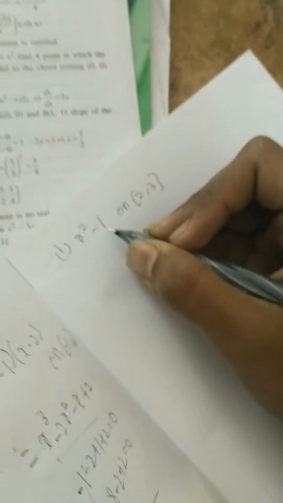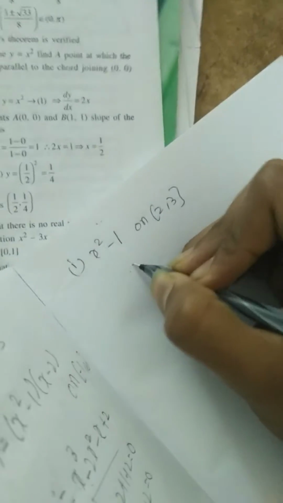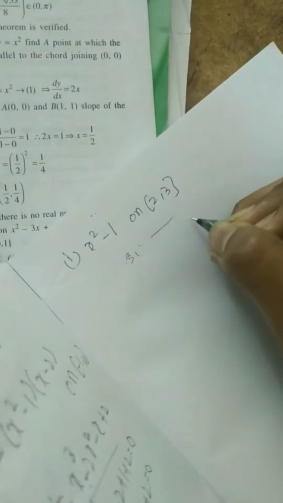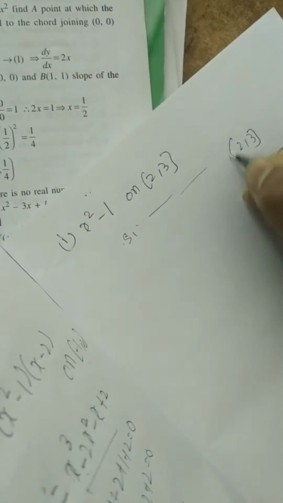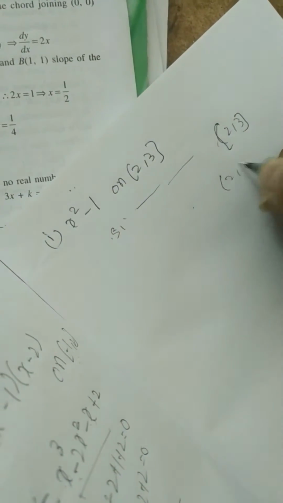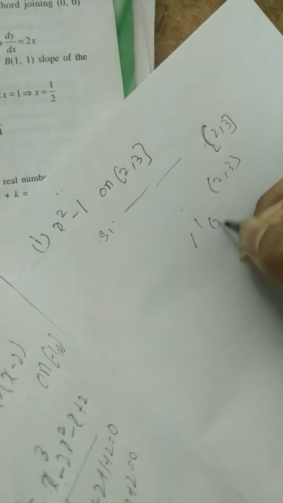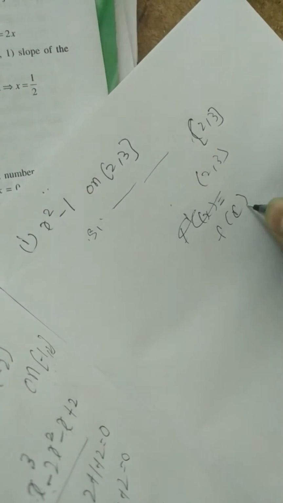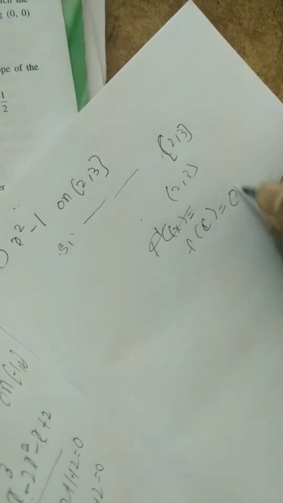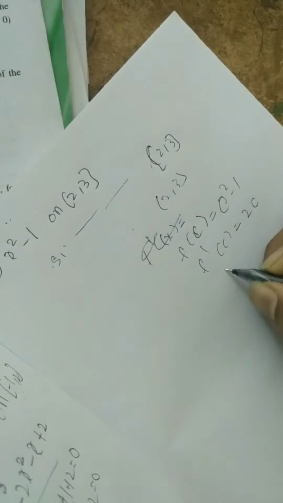Lagrange's mean value theorem is the same as our previous theorem. Since it is a polynomial, it is continuous on the closed interval [2, 3] and differentiable on the open interval (2, 3). Therefore, f(c) = c² − 1 and f′(c) = 2c.